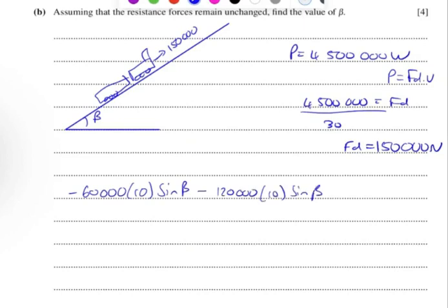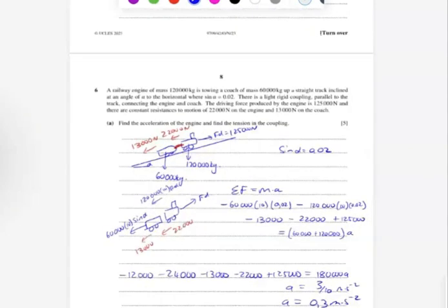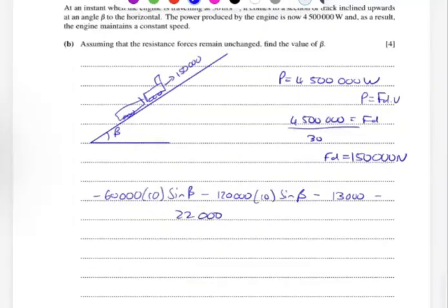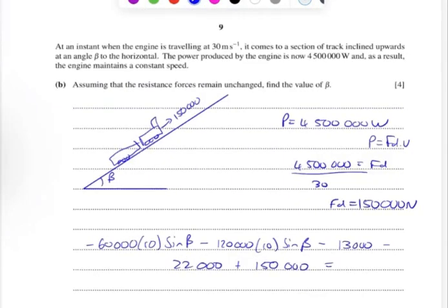Okay, so those are my 2 weight components, my frictional component, my other frictional component. Okay, and the only thing going up is my driving force, and these things must equal to 0 because it's going at a constant speed.